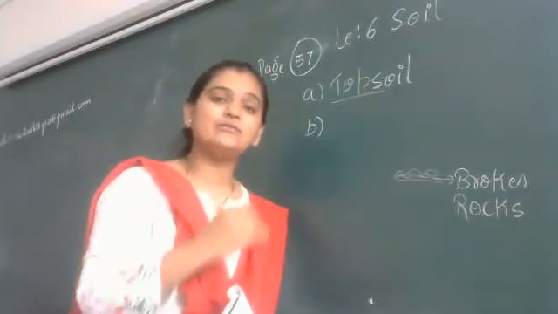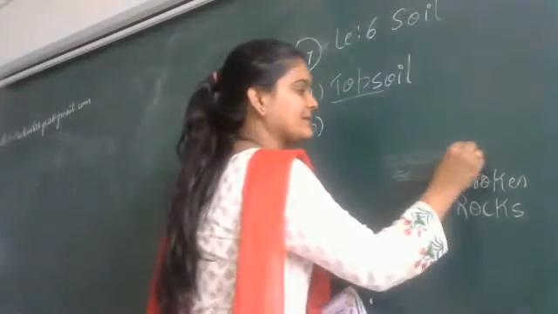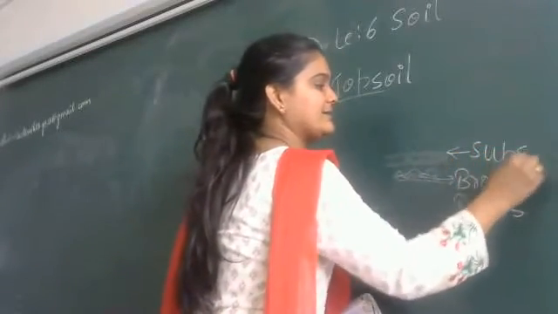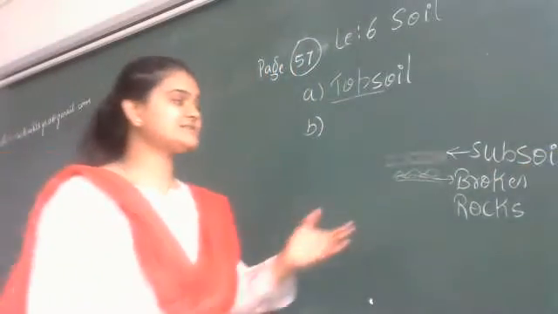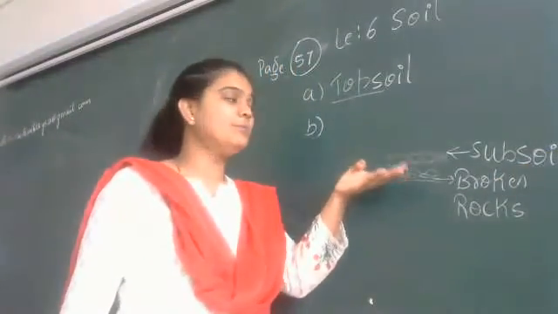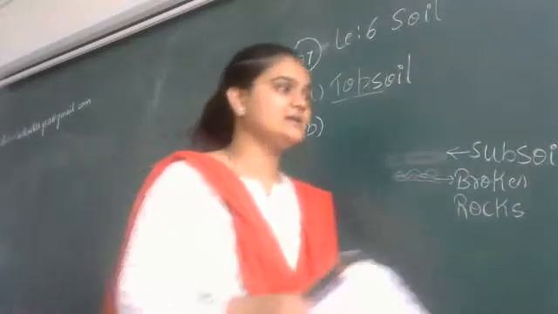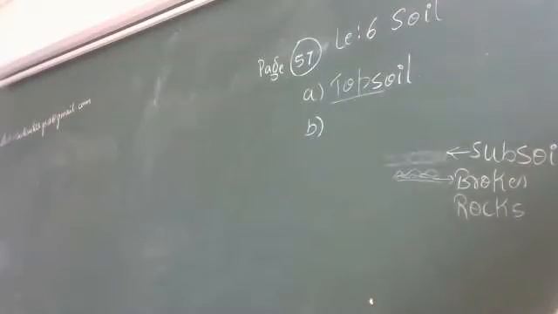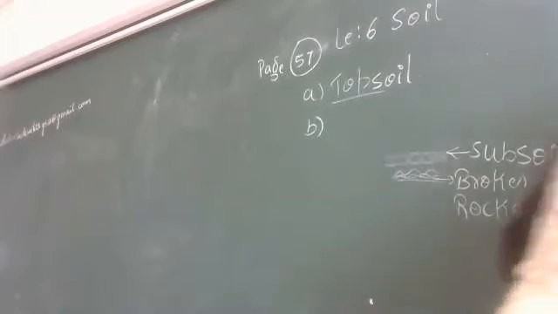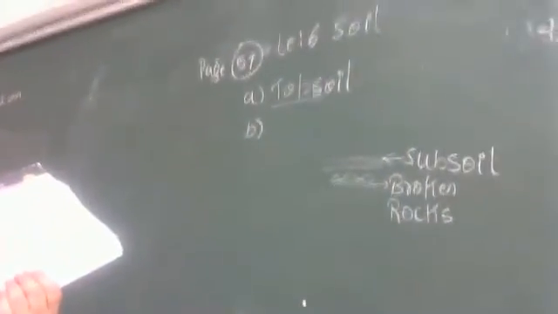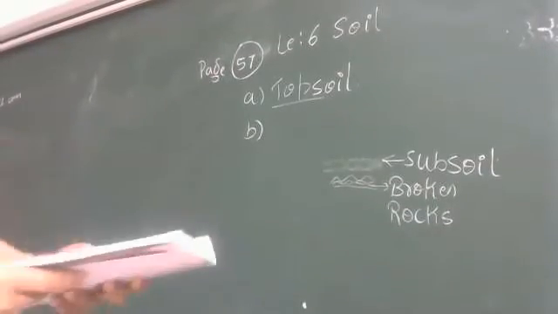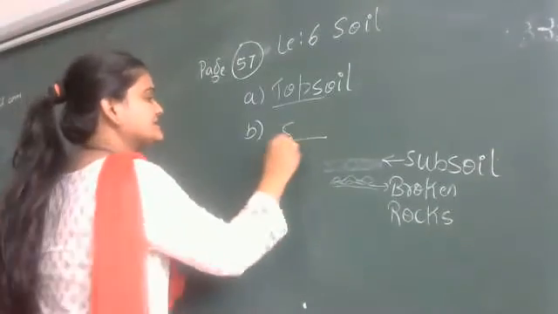Okay, above bedrock, which is there? It is subsoil. Yes, do not write topsoil. They have asked the layer that is there above broken rocks. Okay, so broken rocks, that is the third layer. Second layer they have asked, which is subsoil. Okay, next. So the answer is subsoil.